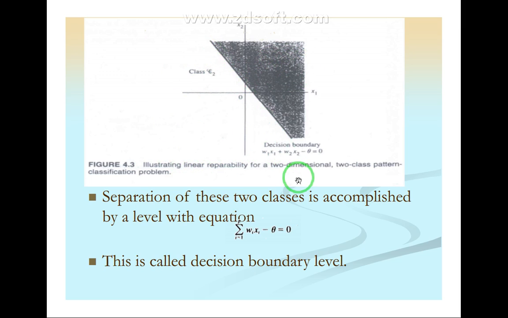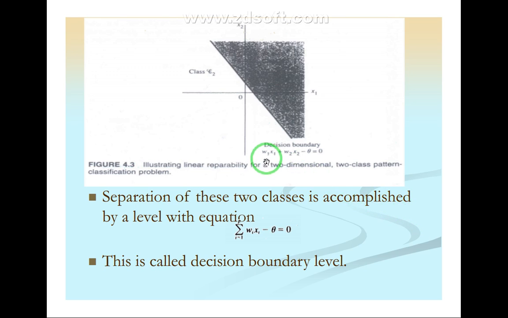And this is the decision boundary, the surface that is dividing this area into two classes. All the patterns are vectors in class 1 and in class 2 using this decision boundary. The decision boundary is a surface that is dividing the area into two classes, C1 and C2.